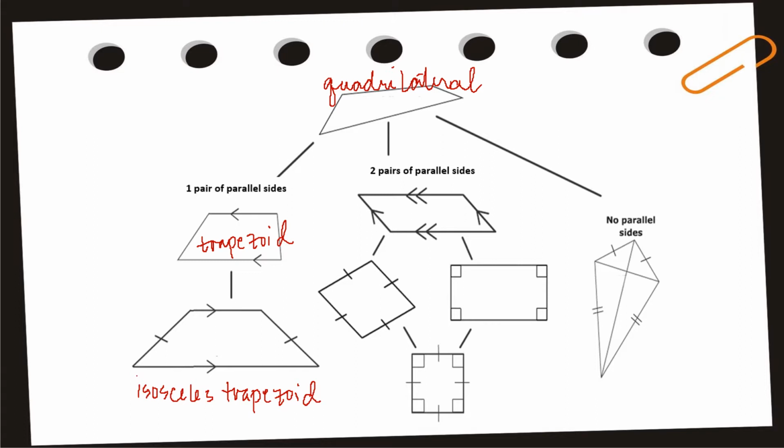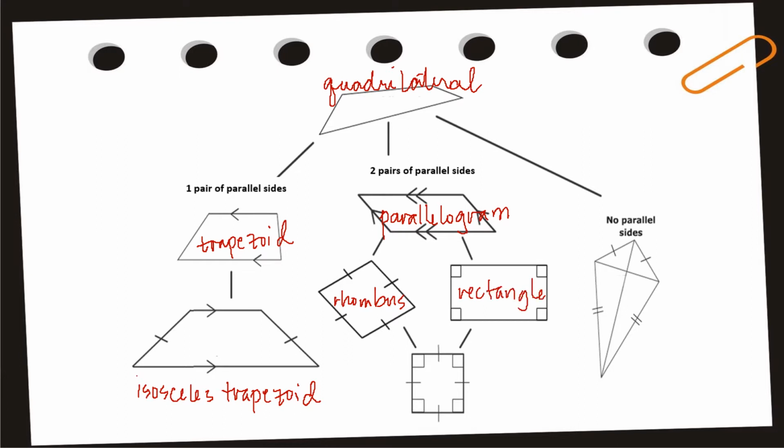The second type of quadrilateral is that which has two pairs of parallel sides, and this is what we call parallelogram. Under parallelogram, we have rhombus and rectangle.